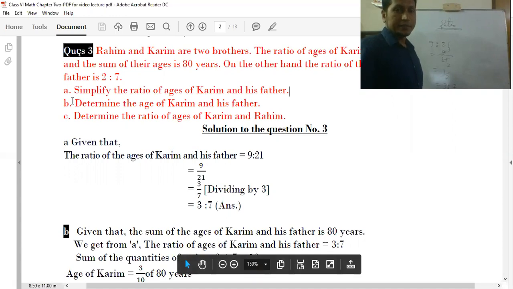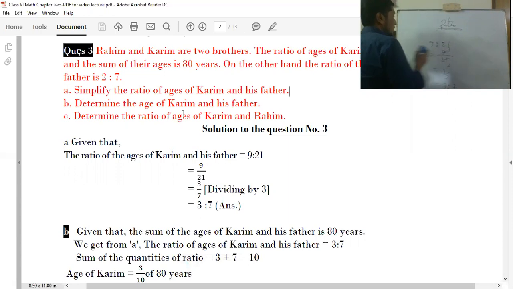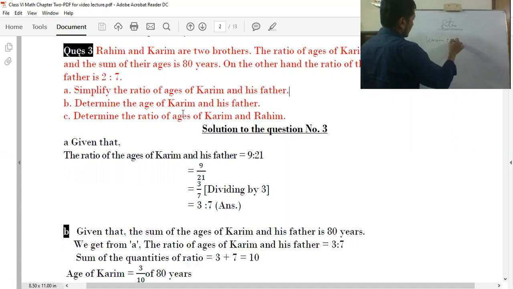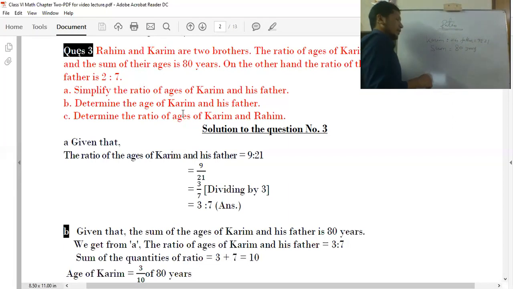Now part B says determine the ages of Karim and his father. Very easy. The ratio of the ages of Karim and his father is 9:21, that is, Karim is to his father 9:21. Their sum is given. The sum of their ages is 80 years. There are different ways to find the ages of Karim and his father.